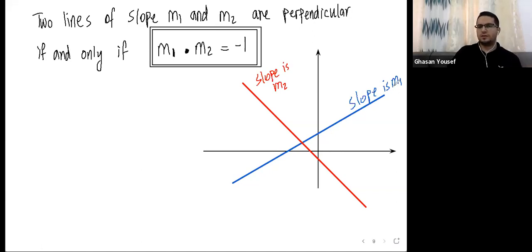Now we should know that if we multiply the slope m1 and the slope m2, they should give me -1.